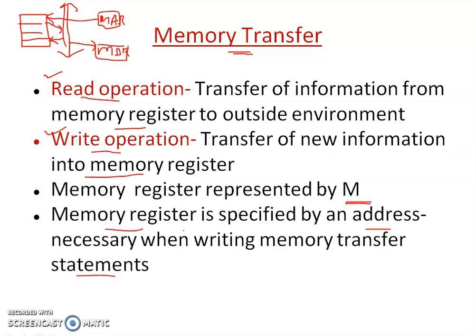If some operation is related to the memory, it makes use of the address, and in such cases the memory register is required so that you get the address where the read as well as the write operation can be performed.